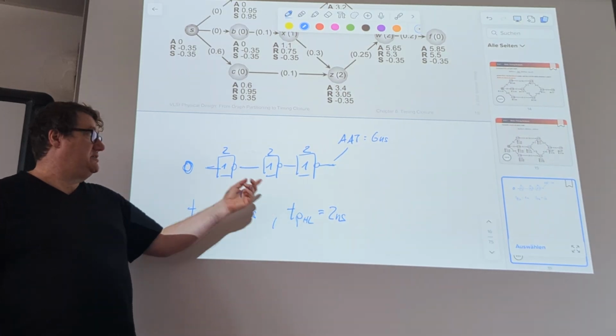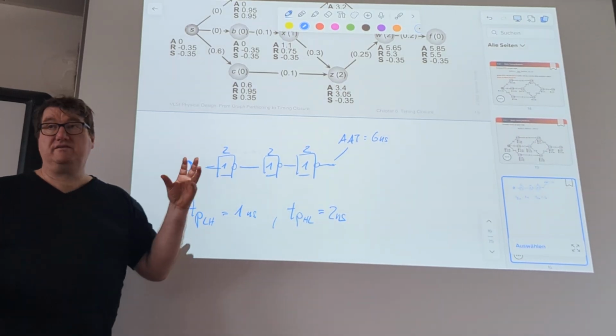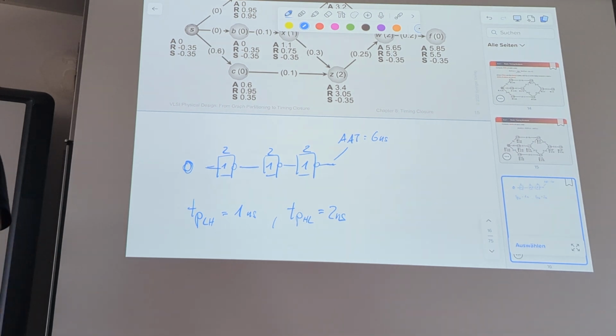And it turns out you can integrate this into the timing analysis. So the worst case that you have in reality would be 2, 2, 1. That's the only possible worst case. You would be too optimistic saying it's 1, 2, 1, that would be lower, but it could be opposite.